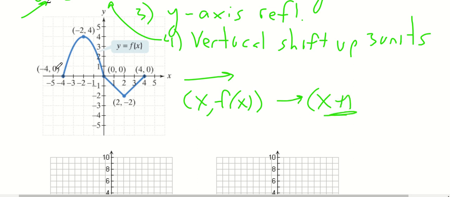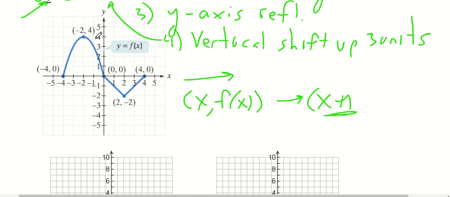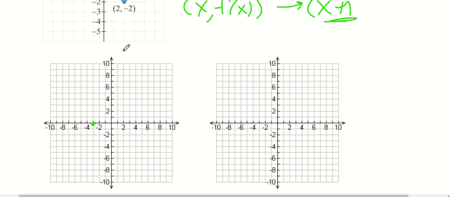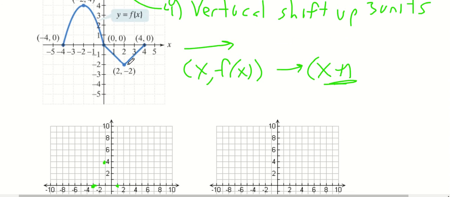So the point that was at negative 4 comma 0 is now going to appear at negative 3 comma 0. This point that was at negative 2, 4 now appears at negative 1, 4. The point at 0, 0 will now appear at 1 comma 0. 2 comma negative 2 will now appear at 3, negative 2.